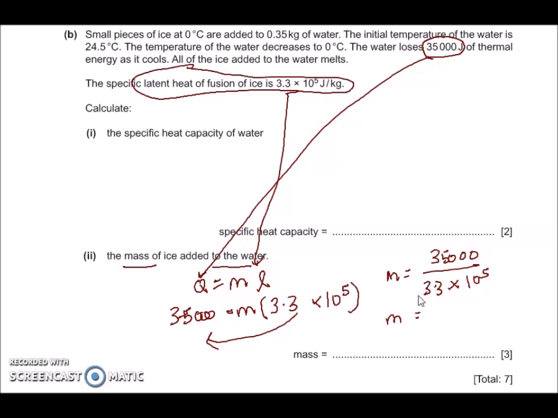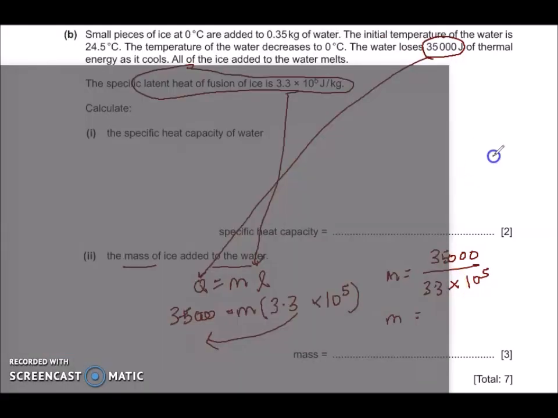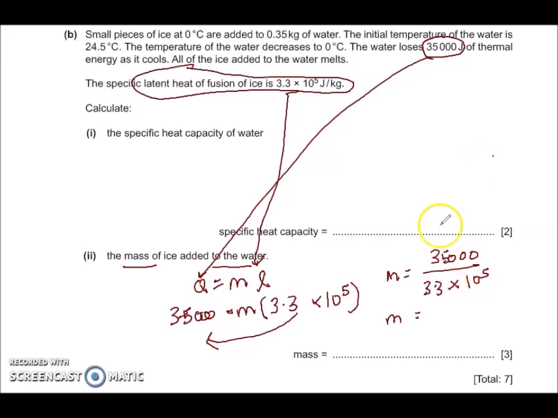Zero point. So you'll be getting the answer here is 0.1. Actually it should be 0.11 because the actual figure is 0.106 something, right? So you'll be getting 0.11 kg. So this is the answer.